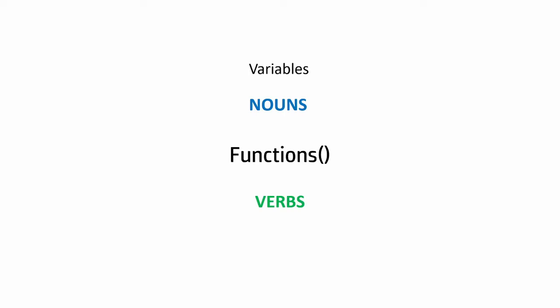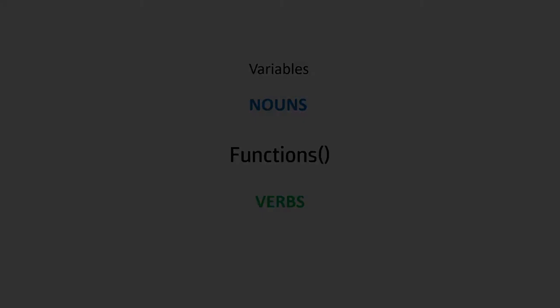It's a grammatical trick, but you have to understand that there is that relationship between nouns and verbs, like there are variables and functions. Many times, not in every case, functions need your variables to perform their verb-like operation. So let's go back in and look at an example before we start defining our own functions.